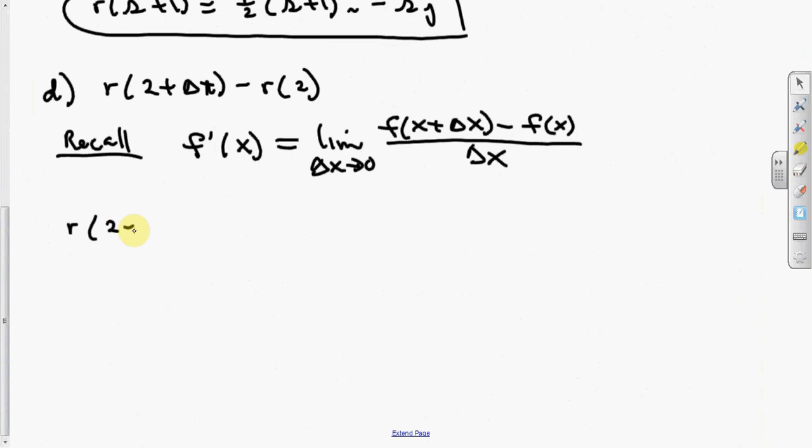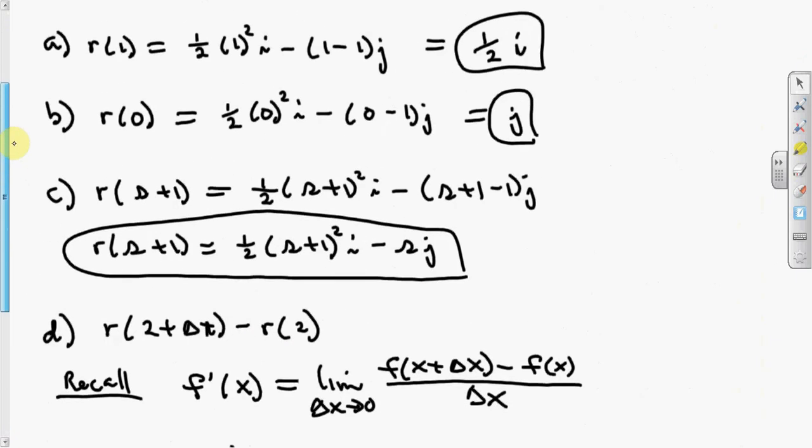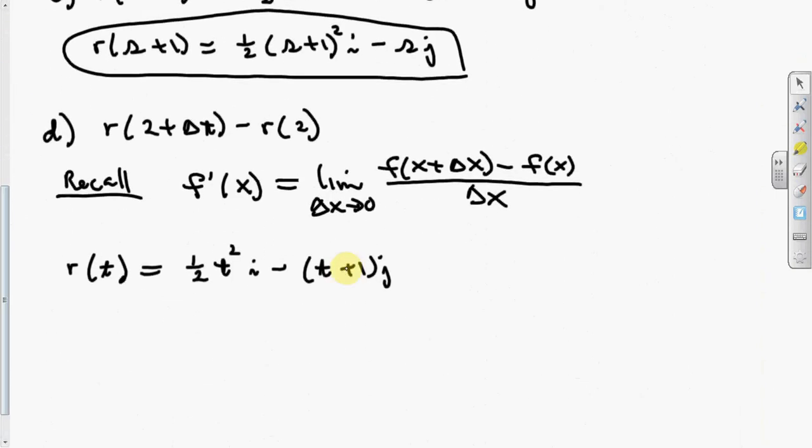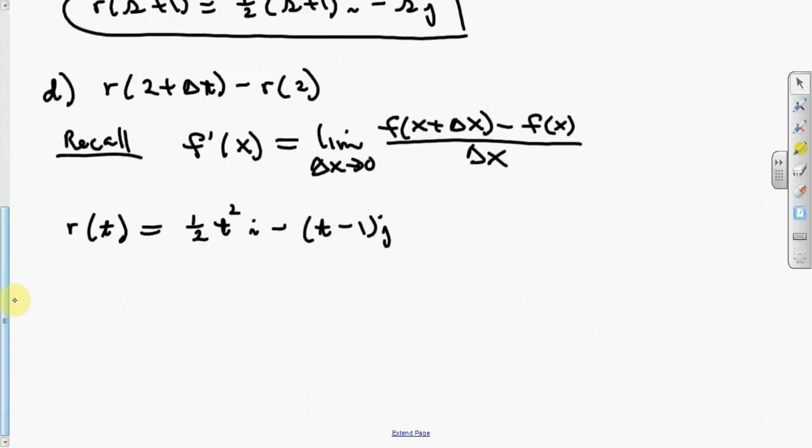This is r of 2. Well, let me write r of t because I can't see it. Oh, got it on my paper. It's 1/2 t squared i minus t plus 1 j. Is that right? 1/2 t squared i minus, oh, there's a minus there. All right, good.